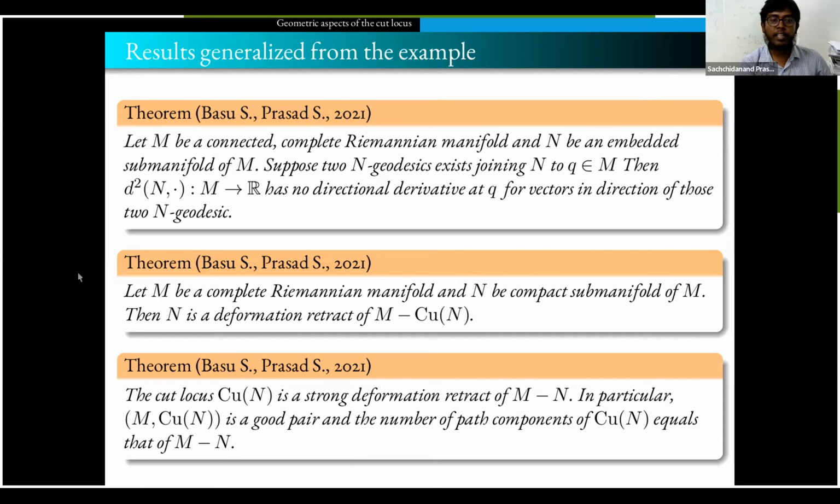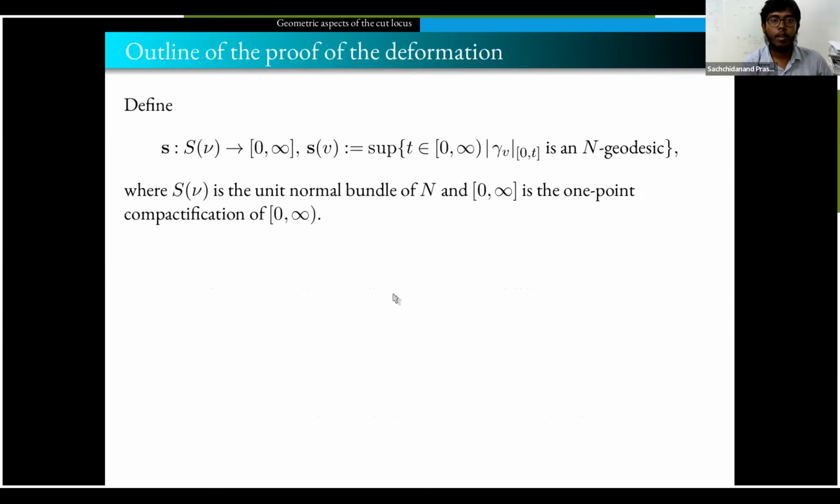So let us see an outline of the proof of the second deformation. For that, I'll define a map S from the unit normal bundle to [0, infinity] as the supremum of the times t such that gamma is an N-geodesic.